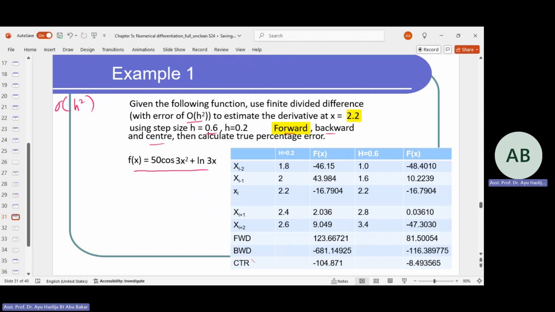Now, does the question mention first or second derivative? There's no statement in the question, right? First or second derivative, right? Okay. If the question doesn't give any statement on that, you can use your own assumption. You can answer either one.